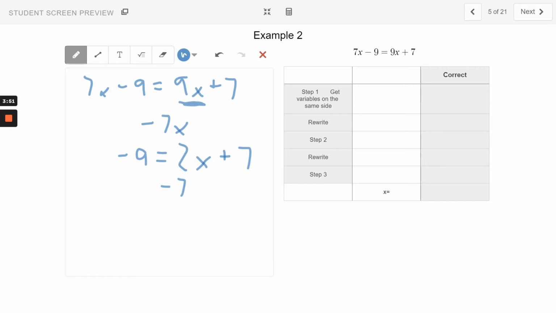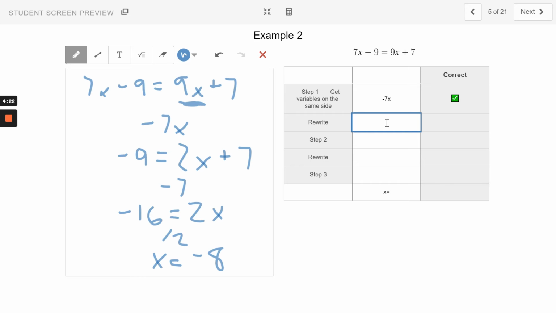Negative 9 minus 7 is negative 16 equals 2x. 2x means 2 times x. We divide by 2 and we get x equals negative 8. So we start off by subtracting 7x from both sides.